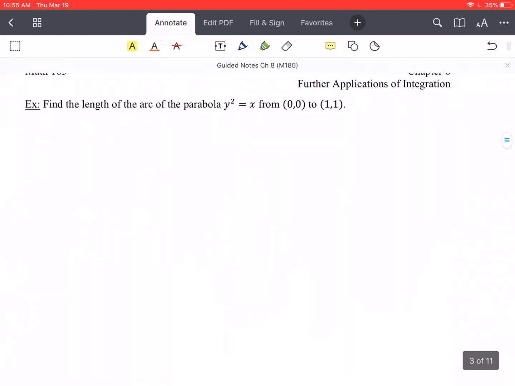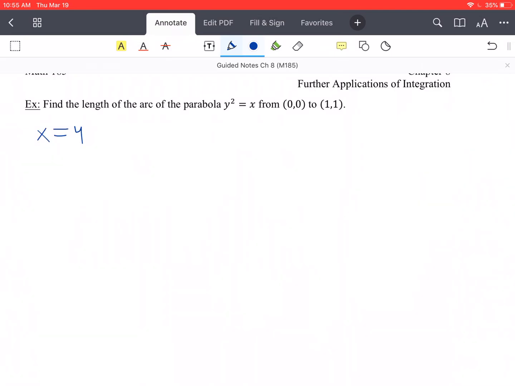So for this example, find the length of the arc of the parabola y squared equals x from 0, 0 to 1, 1. Okay, so this is the sideways opening parabola, right? So we have x equals y squared. So let's just do this one in terms of y.